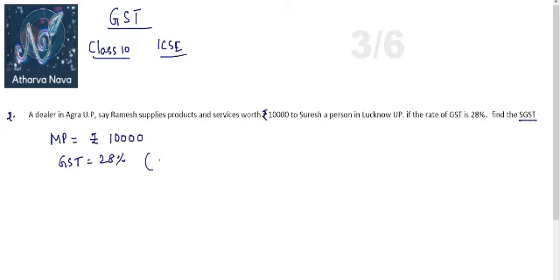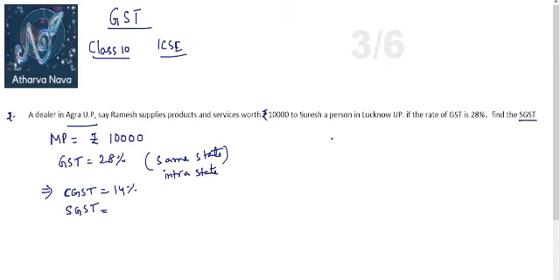And the GST is given as 28%, but same state, correct? We both belong to the same state. It's nothing but intra-state. If it's intra-state, immediately we have to write CGST is 14% and SGST is 14%. As soon as you look at the question, that it is from Agra UP to Lucknow UP, which means same state, you have to consider it as intra-state.